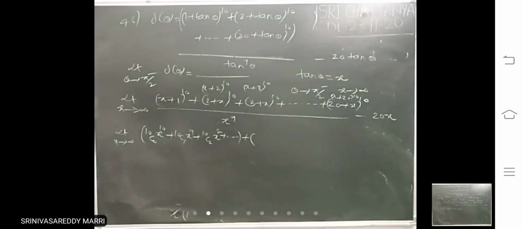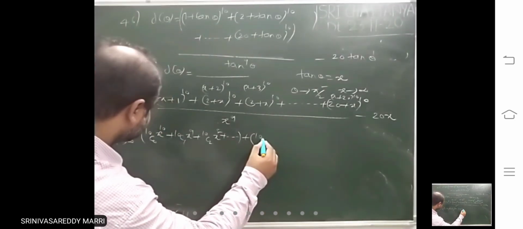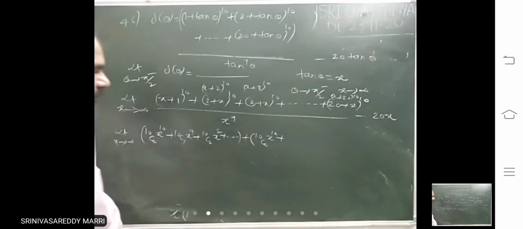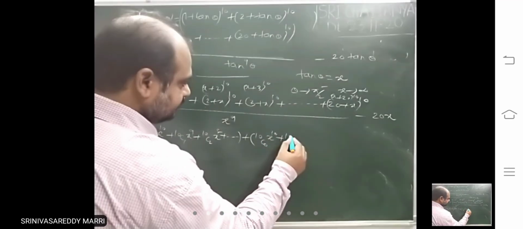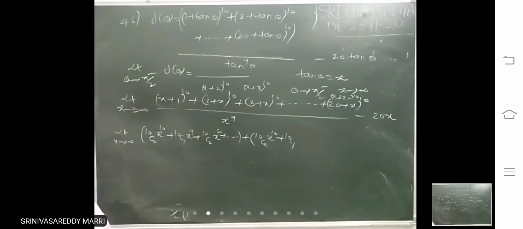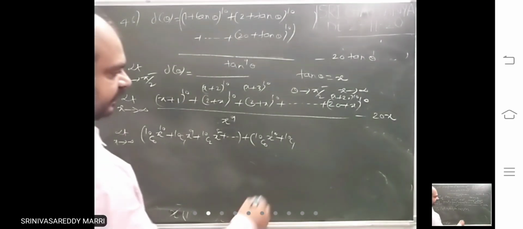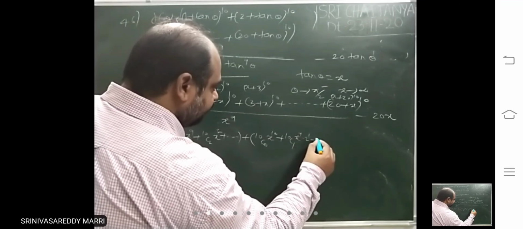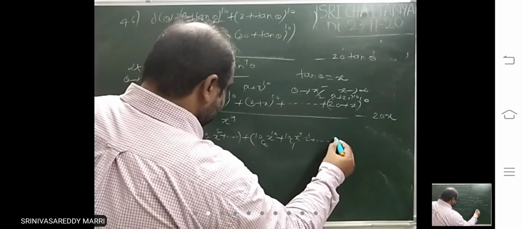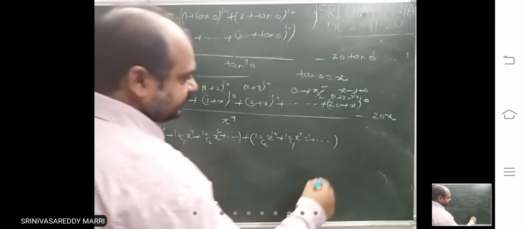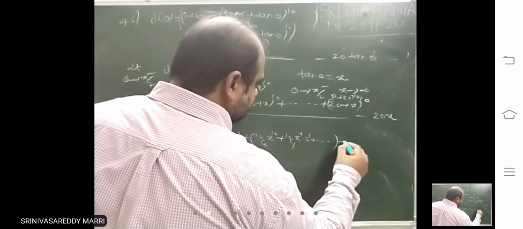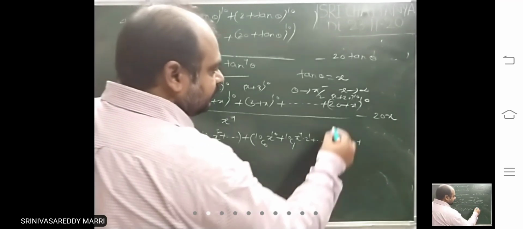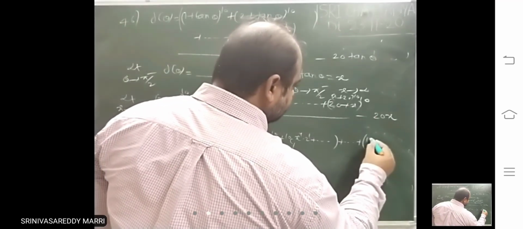Okay, so next one is what you will get: 10c0 x power 10 plus 10c1 x power 9 into 2 power 1 plus and so on. Like this you will get finally.